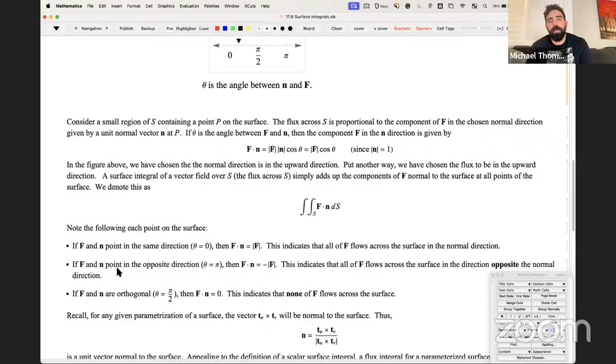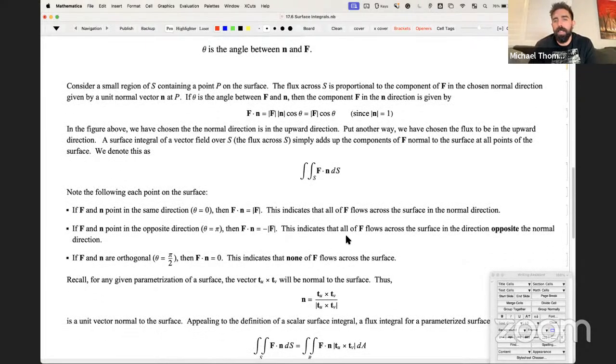And if F and N point in opposite directions, well, that would mean theta equals pi. So if you plug pi in, you get the dot product is negative the magnitude of F. That's a negative contribution to the flux. This would indicate that all of the vector field flows across in the exact opposite direction to the normal direction that you've defined. If F and N are at 90 degrees to each other, an angle of pi over 2, then the cosine of pi over 2 is 0, and the dot product would just be 0.